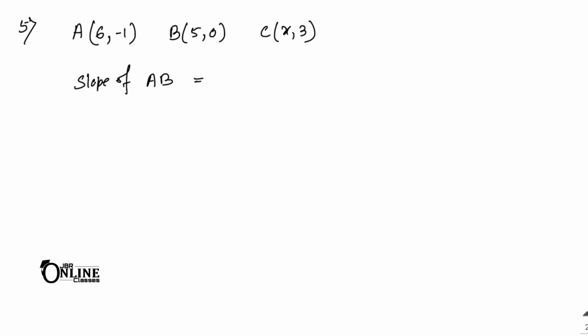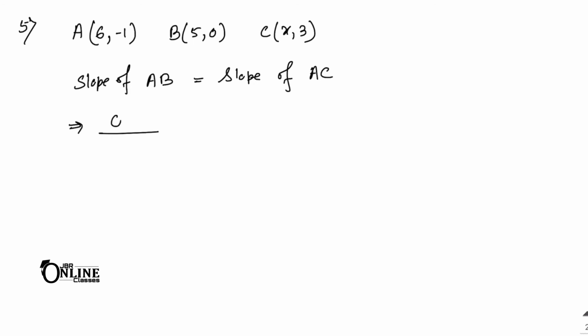Now sum number 5. Using slopes, find the value of x. Here the first point 6 minus 1, second point 5 0 and third point here x 3. Okay, clear? So that means first you have to find out the slope of AB and then you have to find out the slope of AC. So slope of AB definitely equal to slope of AC, as 3 points are collinear.